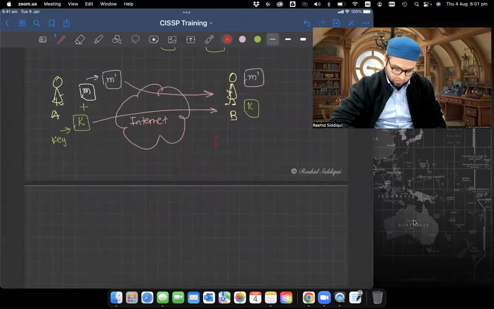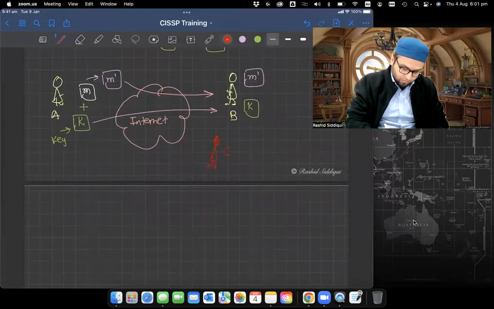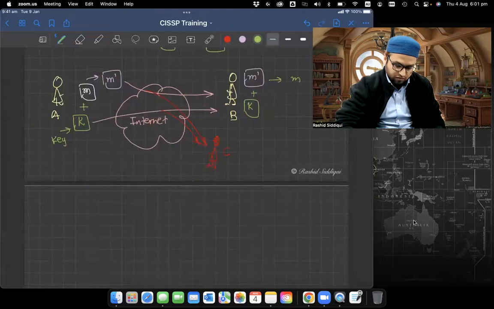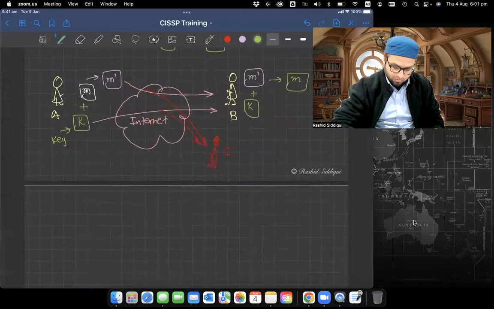We had a user C here, which is basically the bad guy. Now he can intercept the message and he can intercept the key. So there is no security here, right? B can receive M dash and K, and it can use K plus M dash to retrieve the message M. The same thing C can do.